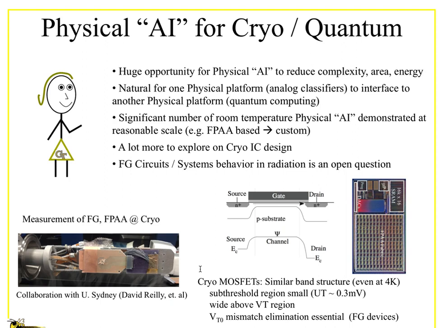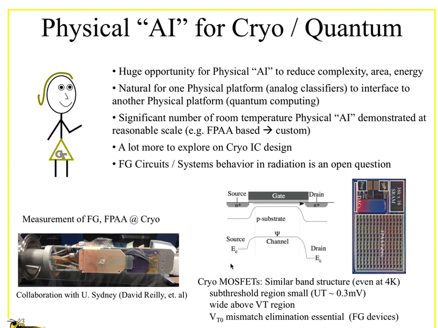I think that's a huge opportunity there, as well as what happens with floating gate circuits and systems, as well as any other memory technology you would use, and you would need a memory technology to do this, to handle higher radiation environments where that becomes an issue. But the fortunate thing is a lot of things can be looked at in terms of the cryospace, and there's a translation to it.